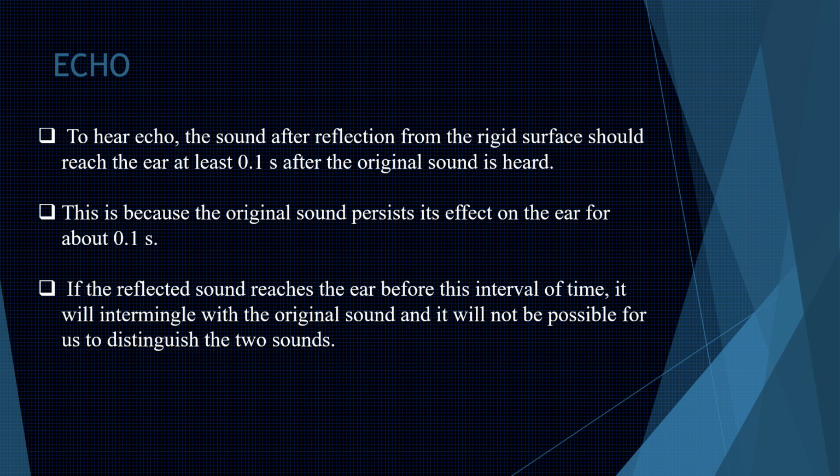So if the reflected sound reaches the ear before this interval of time, that is before 0.1 second, it will intermingle with the original sound and it will not be possible for us to distinguish between the two sounds. So what does this mean? This means that a little time interval should be there before the reflected sound reaches our ear.